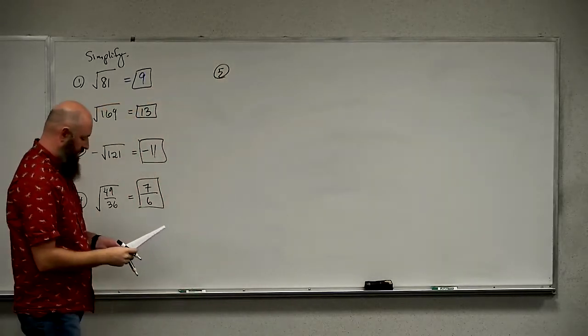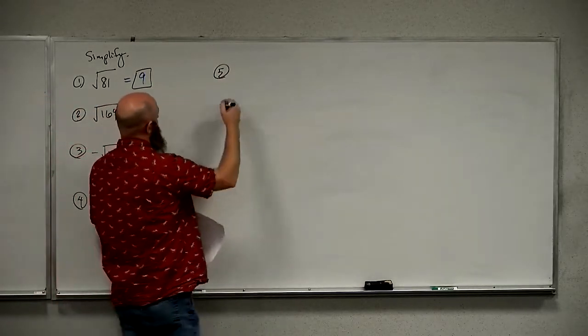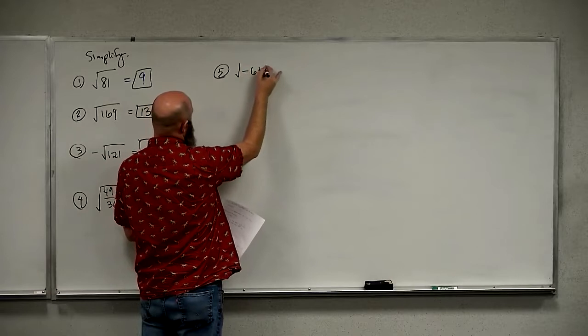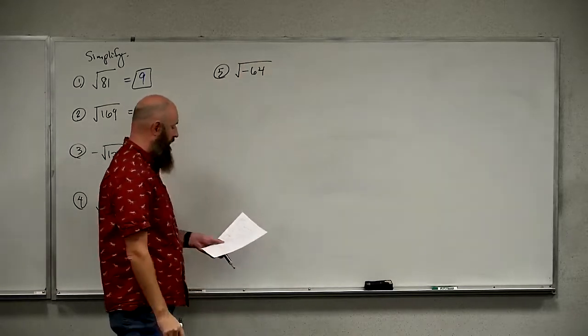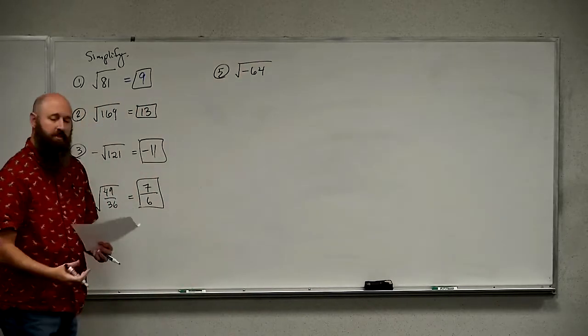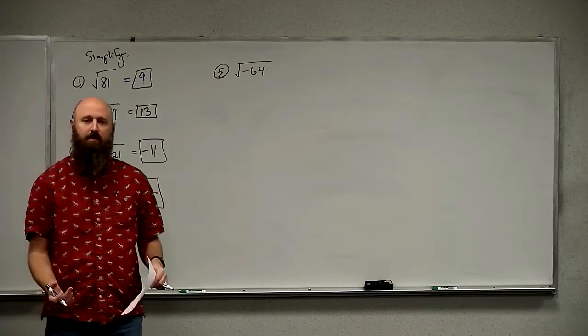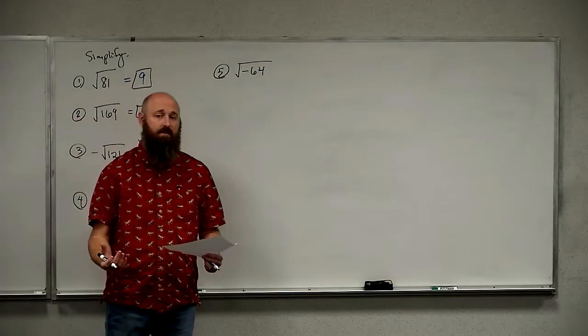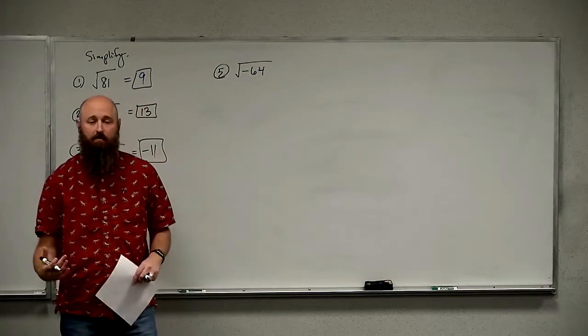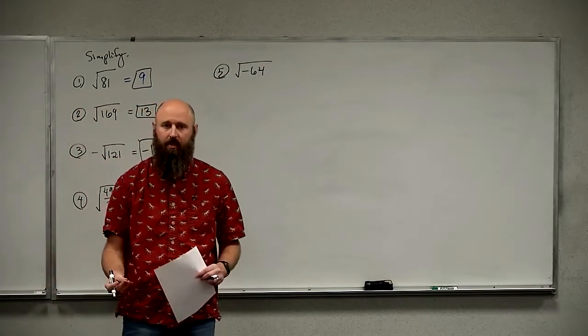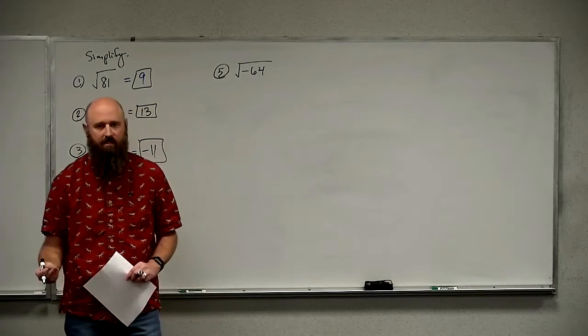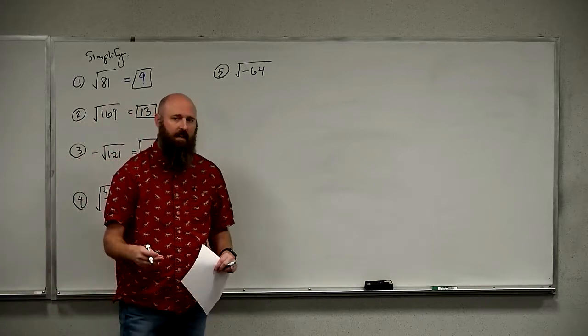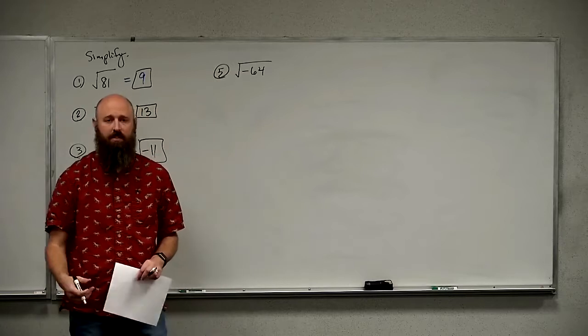All right, number 5. Square root of negative 64. Okay. So for this one, we try to find two numbers that multiply together to give me a negative 64. That does not exist because they have to be the exact same number, right? It's a single answer that we're getting. 8 times 8 is a positive 64. Negative 8 times negative 8 is a positive 64.